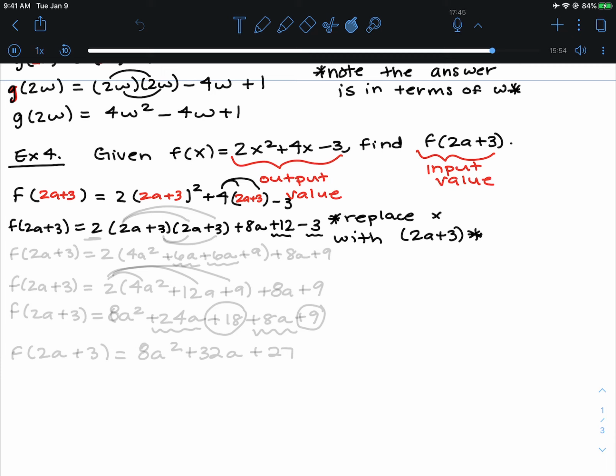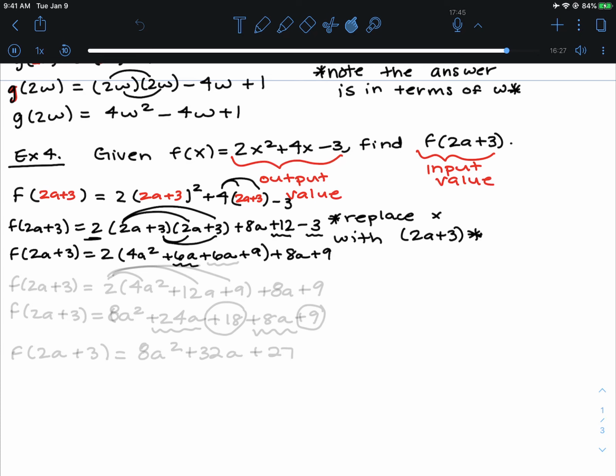I'm also just going to go straight into the multiplication of the 2a plus 3 that I had raised to the power of 2. This 2 right here in the front doesn't get evaluated until after you evaluate those two parentheses. So I'm going to have 2a times 2a, which is 4a squared, 2a times 3, which is 6a, 3 times 2a, 6a, and then 3 times 3, 9, plus 8a plus 9.